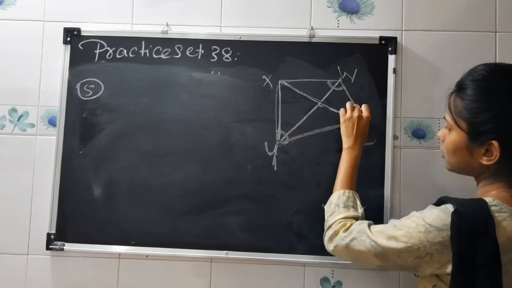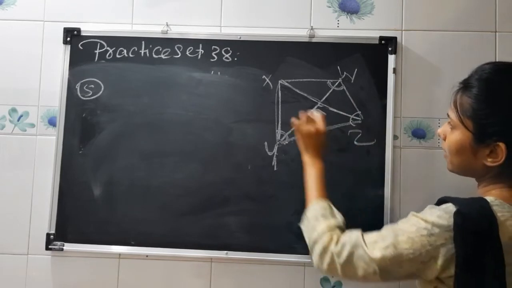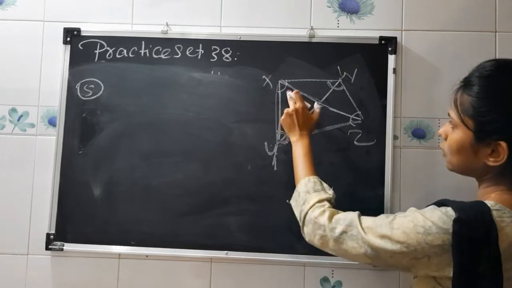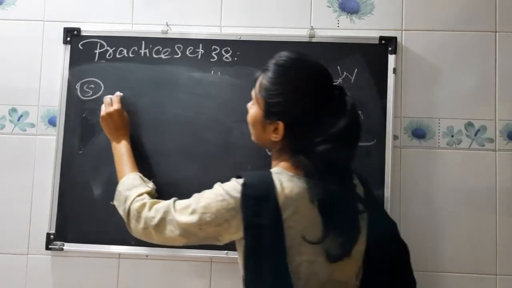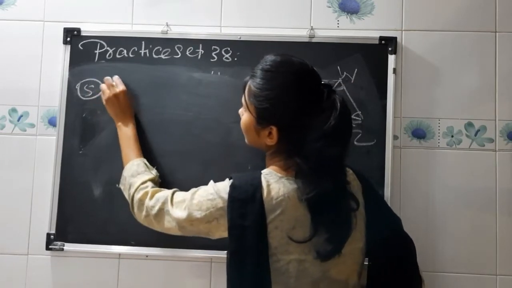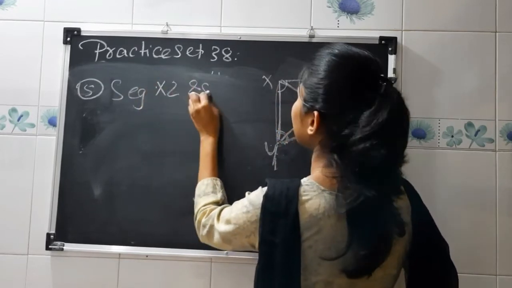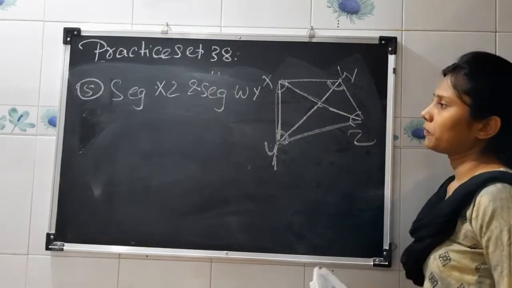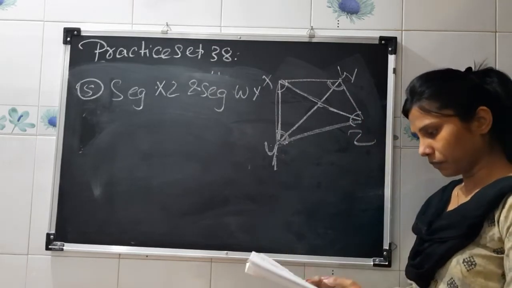The vertex of angle YZW is Z and of angle YXW is X. So segment XZ and segment WY are the diagonals of quadrilateral XYZW.